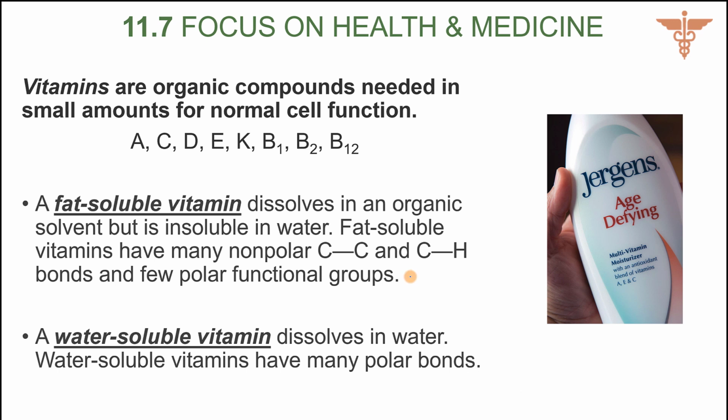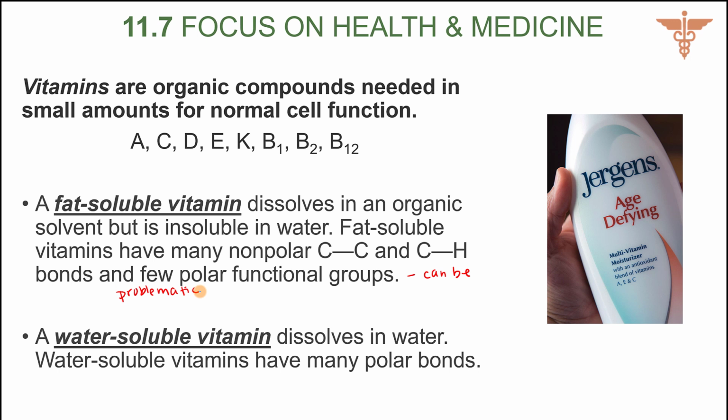These ones can be problematic. So if you consume too many fat-soluble vitamins, your body doesn't have a way to get rid of them. And so they get just stored in your fat, which may not be a good thing.